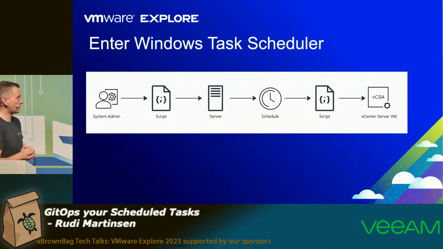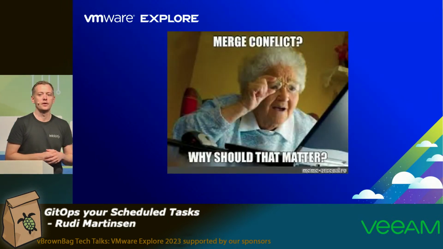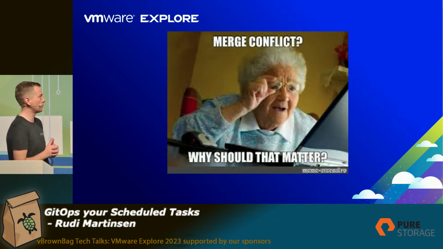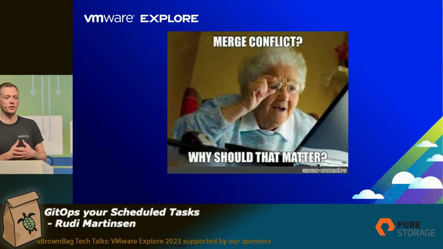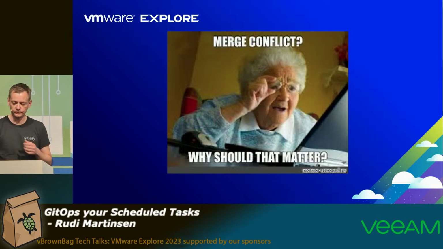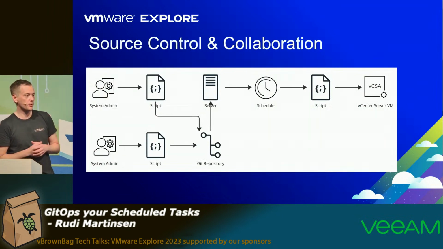Another problem that might arise is that if you are like us, we are a team of administrators, which may work on the same script, or we have different scripts. So from time to time, we'll get into some merge conflicts. We're not exactly sure which version of this script is the correct one. So then you introduce a Git repository.